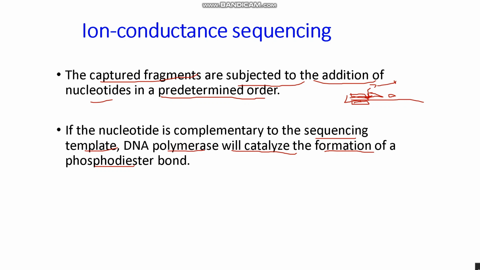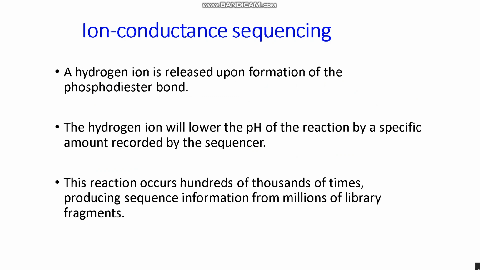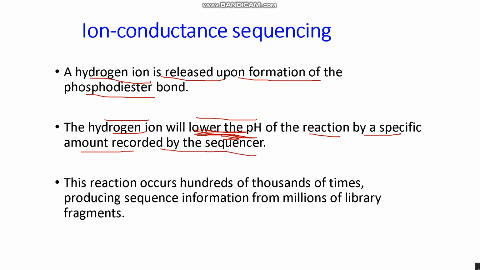By this, H positive is released. The hydrogen ion released upon formation of the phosphodiester bond will lower the pH of the reaction by a specific amount recorded by the sequencer.